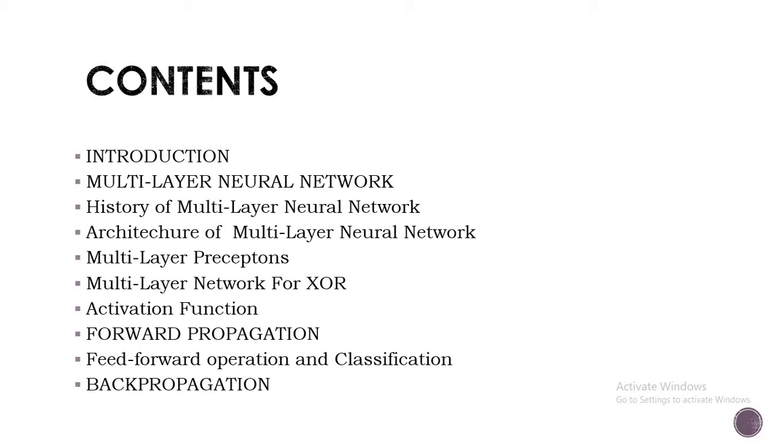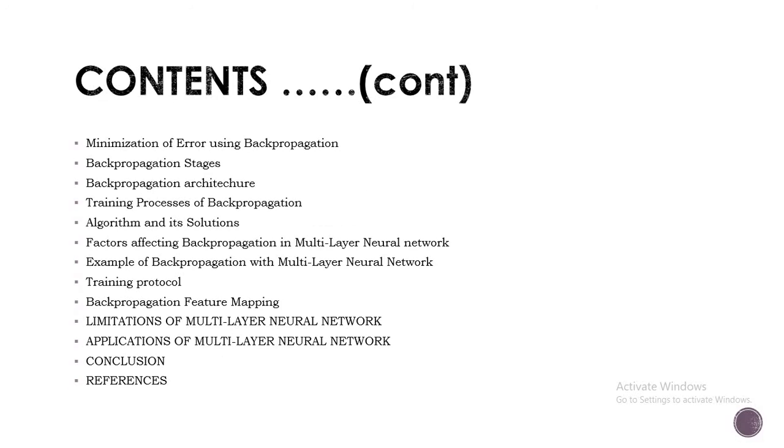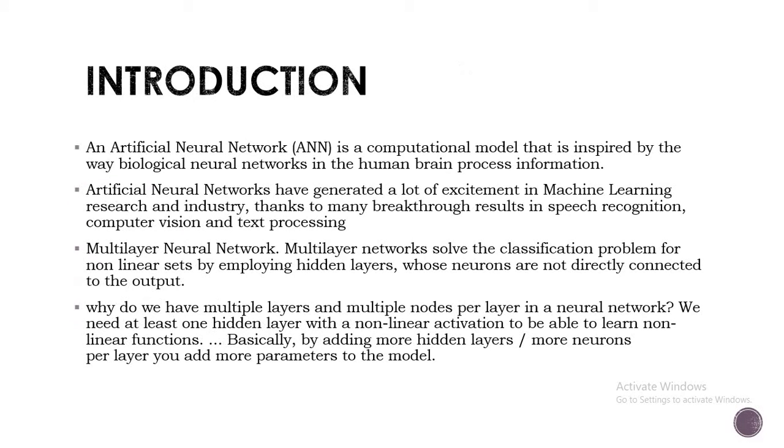That is history, architecture, and what is multi-layer perceptrons, multi-layer network for XOR, what is activation function, forward propagation, feed-forward operations and classification in forward propagation, backpropagation, minimization of error using backpropagation stages, architecture, then training processes, algorithm and solution, factors affecting backpropagation multi-layer neural network, example with a solution, training protocol, backpropagation feature mapping, limitations, applications, and conclusion.